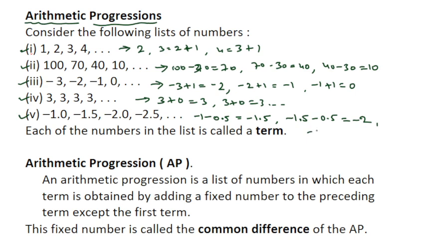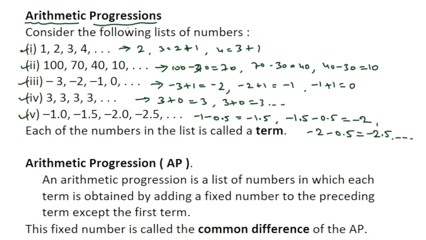And minus 2 minus 0.5 is minus 2.5 and so on. So it is clear that in these lists of numbers, every number except the first number is obtained by adding a fixed number to the previous number.